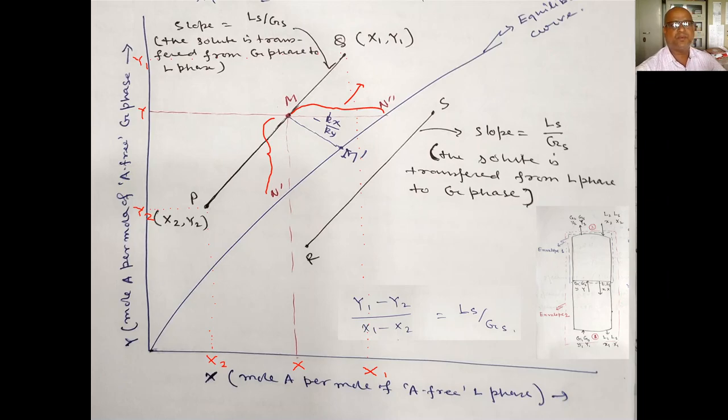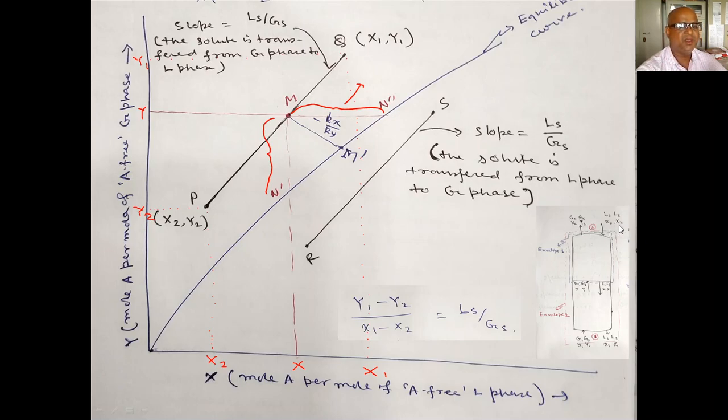Then we strip off, meaning we heat it to 60 degrees centigrade, then carbon dioxide is released from the ethanol amine mixture to air. So in this case, mass transfer is happening from L phase to G phase.